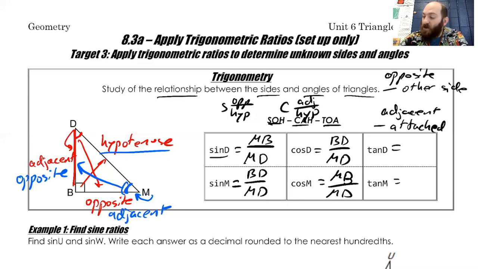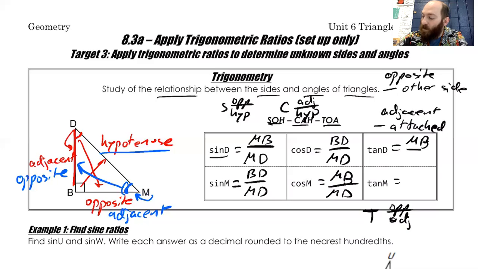The last thing is what's called tangent. Tangent, TOA. The tangent is going to be opposite over adjacent. So when I look at that here, in reference to D, the opposite side is over here, MB.